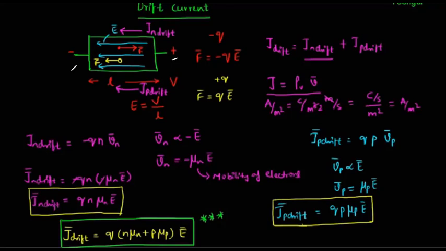So we have to consider the current due to both. For electrons we have charge minus Q, so force will be minus QE. A hole is an empty, vacant place. It is the movement of electrons. Again, if one electron is leaving, it creates a hole.